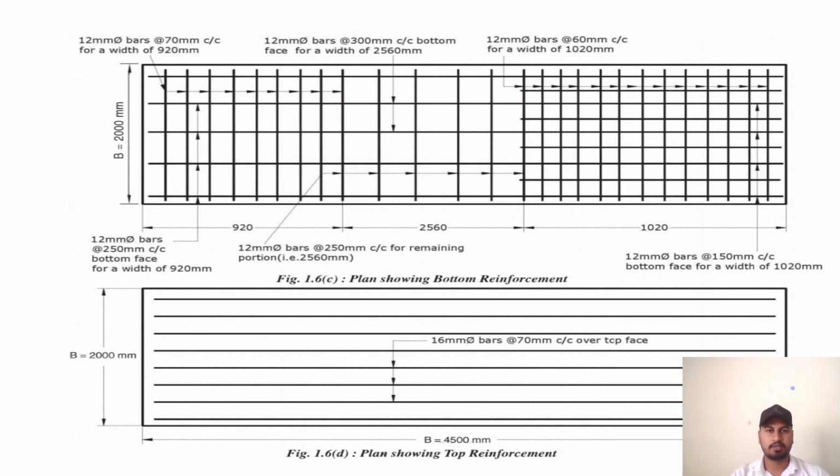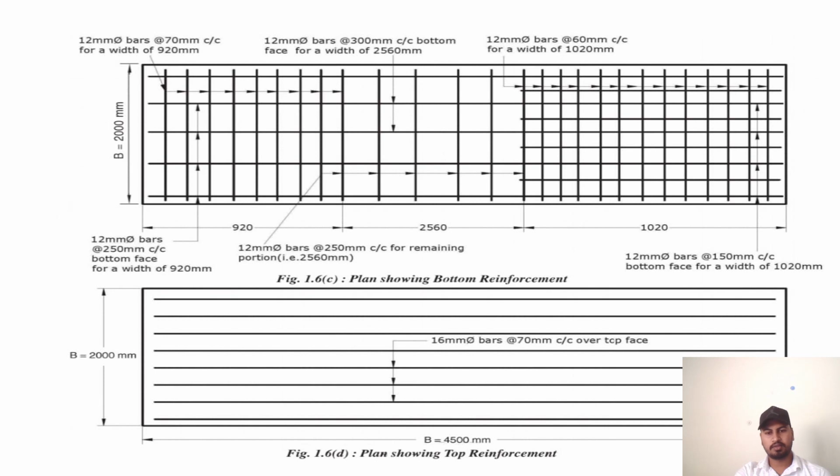Again, the next 12 mm dia bars at 60 mm center to center for the width of 1020 mm towards column B, while in the middle we have provided 12 mm dia bars at 250 mm center to center.